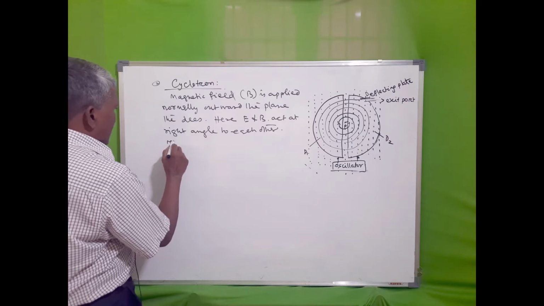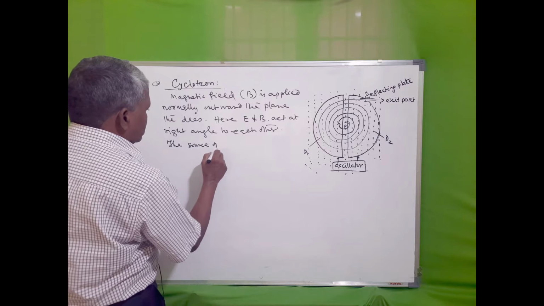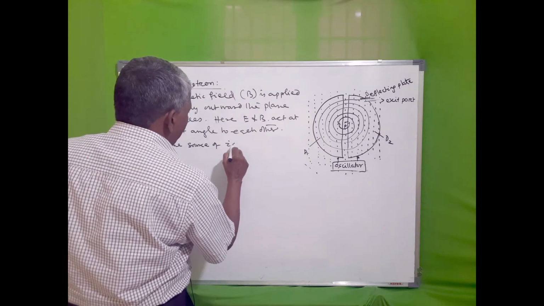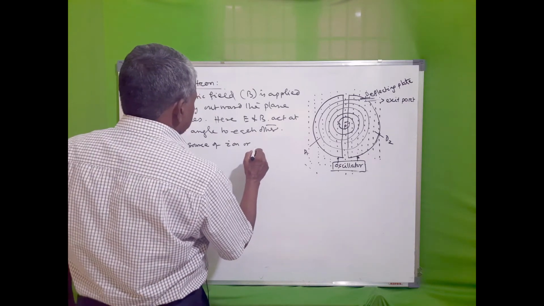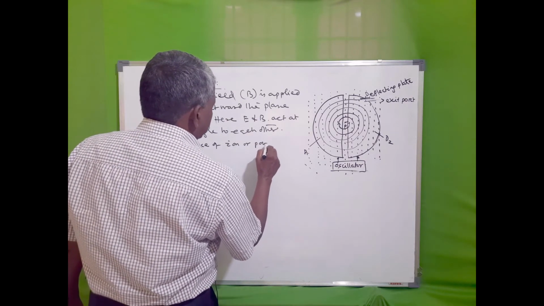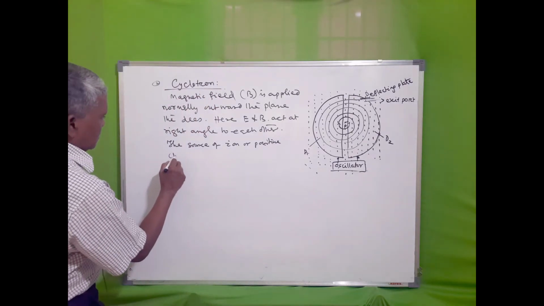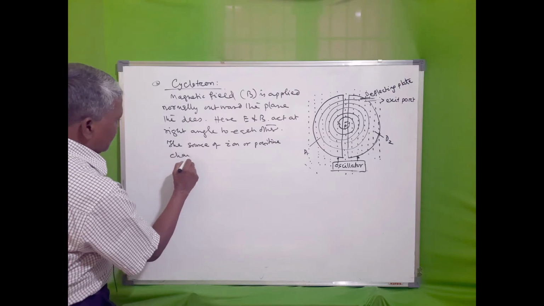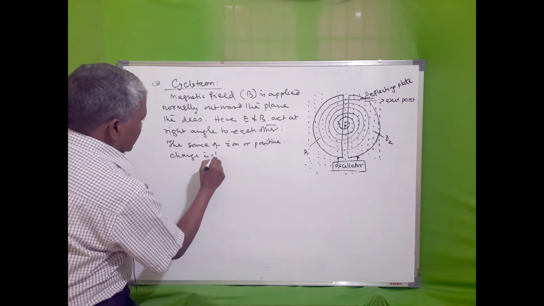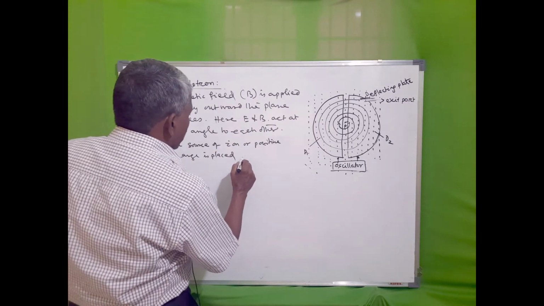The source of ion or positive charge is placed at P, as shown.